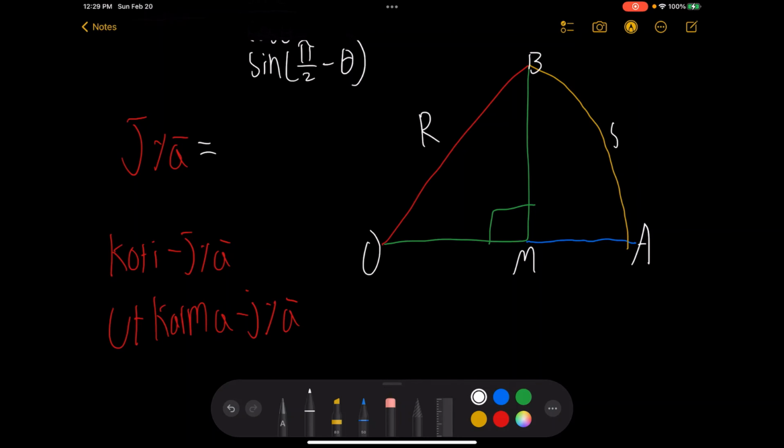These trig functions are all in relation to this arc. So jya of the arc AB is going to equal BM, kotijya of the arc AB is going to equal OM, and utkramajya is going to equal MA.